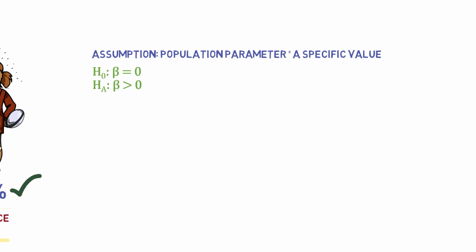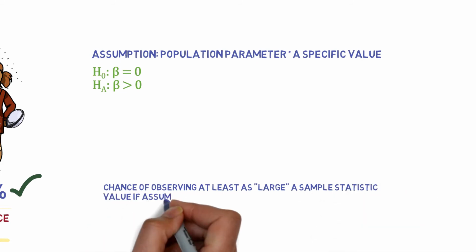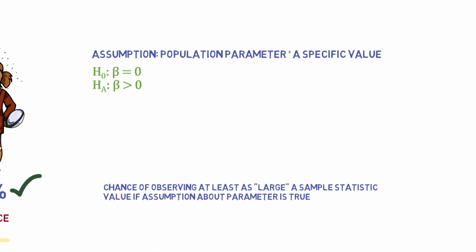To evaluate the plausibility of this initial assumption, we can think about, well, what's the chance of observing what we actually do with respect to a sample statistic if this null hypothesis is true.